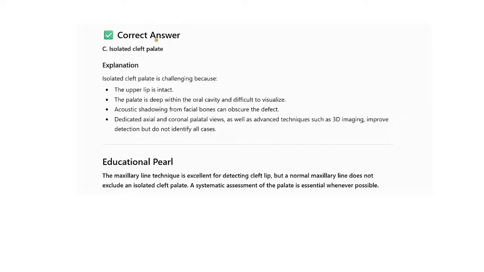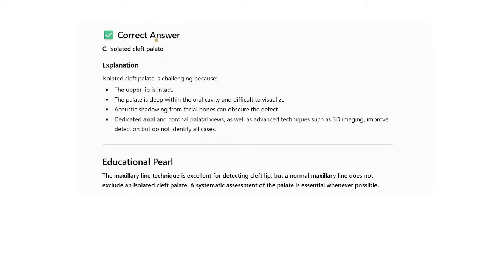The explanation: isolated cleft palate is challenging because the upper lip is intact, and the palate is deep within the oral cavity and difficult to visualize. Acoustic shadowing from facial bones can obscure the defect.